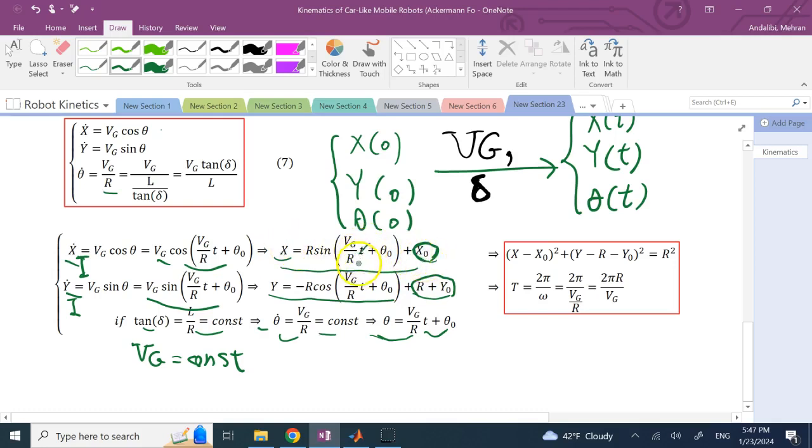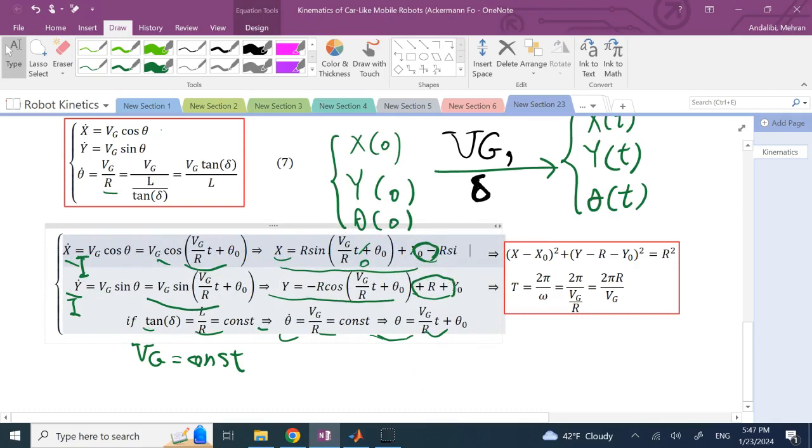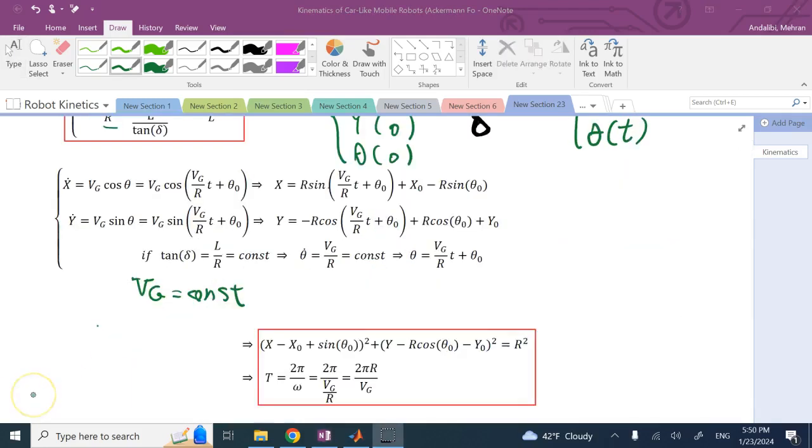Okay, so if you plug for t0, then this is going to be sine theta naught times r. So this guy, whatever it is, there will be an r sine theta naught added to it. So what we need to add here is to subtract what? R times sine of what? Theta naught to it. Otherwise, you cannot get it to be all 0. So here I corrected for it by adding a negative r sine theta naught here.